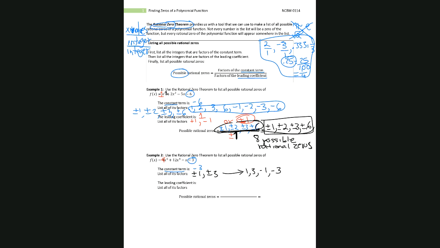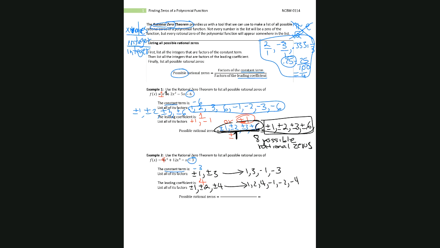And so the factors of 4 will be plus minus 1, plus minus 2, and also plus minus 4. And just remember that implies that you could have positive 1, positive 2, positive 4, but also negatives, -1, -2, and -4.